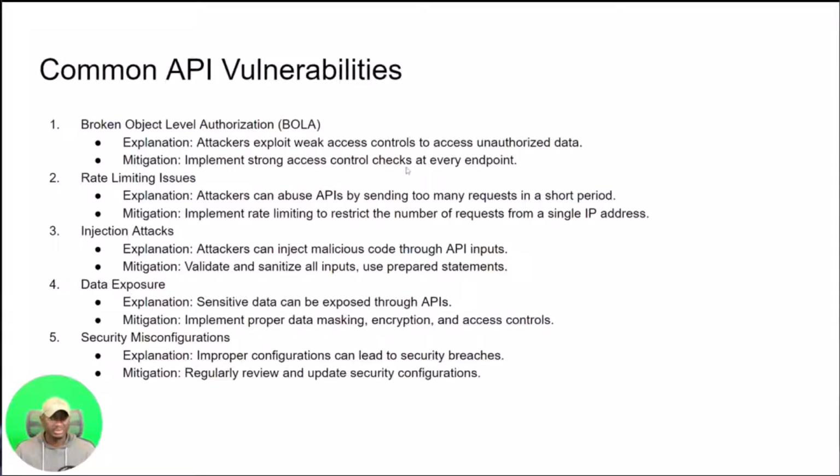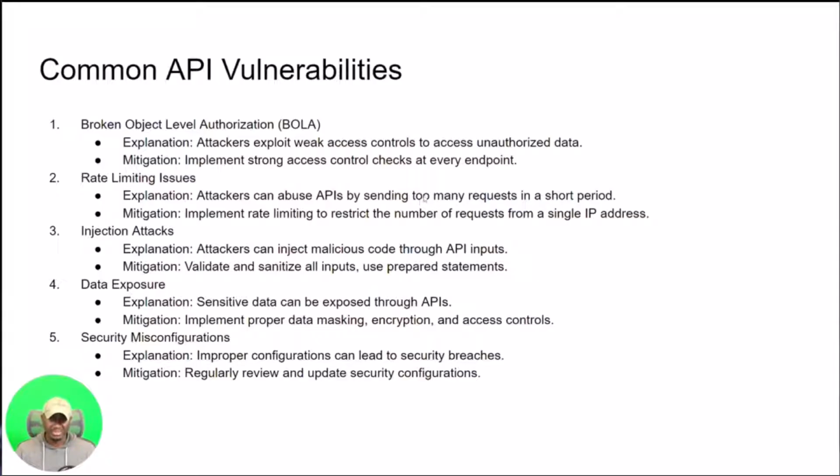Mitigations against these typically involve implementing strong access controls and checks for most actions within your API, especially for sensitive calls, such as deleting or removing things within your API calls.